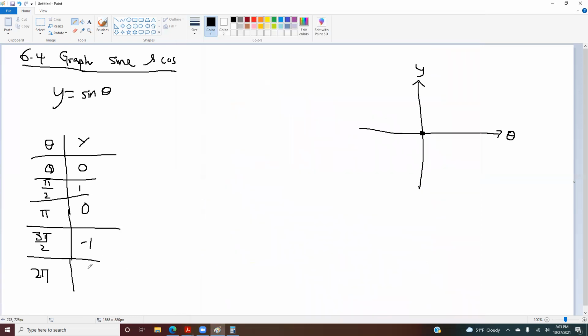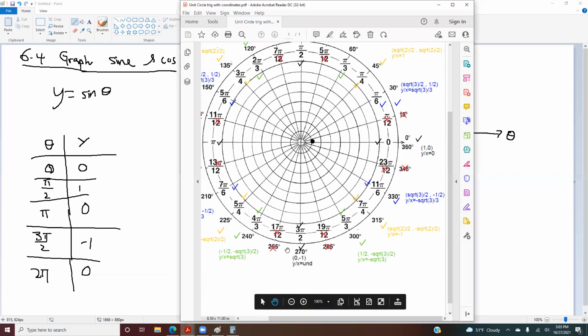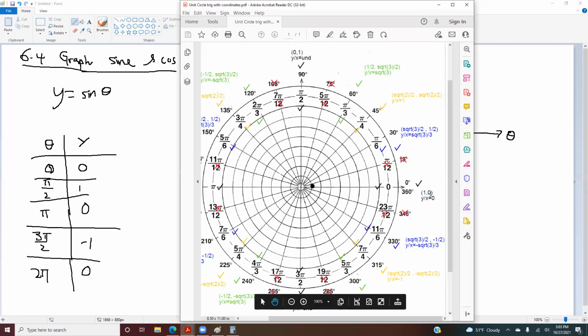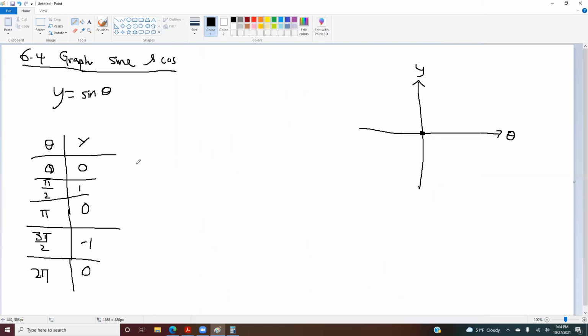So these are the 5 important points, and you need to know these points. You do not need to memorize them because they are in your unit circle, right? You just look at your y value for 0, 90, 180, 270, and 360 degrees, and you plot them. (0, 0) is here. At pi over 2, you will get 1.